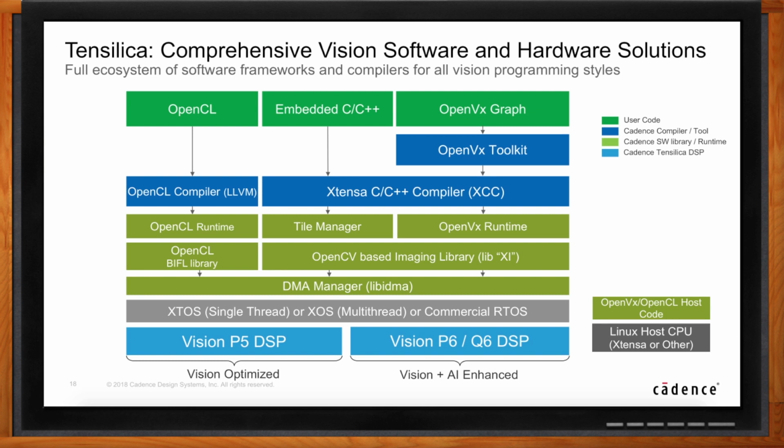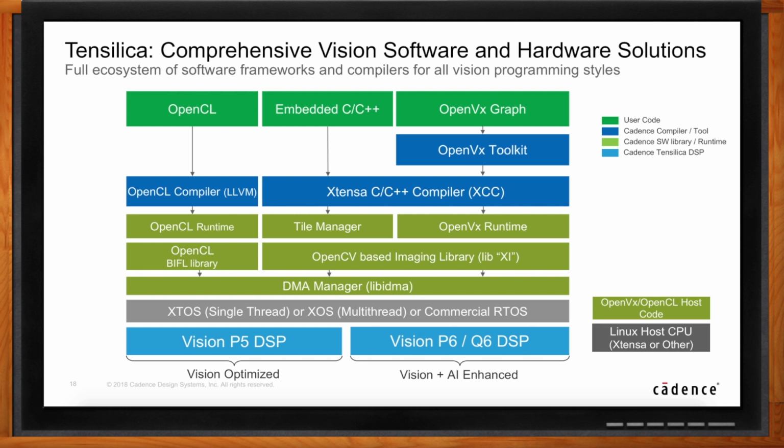Specifically, we provide an OpenCV-based imaging library. We have over 1,500 functions in what we call the Xtensa imaging library. Those are highly optimized for each DSP within Q6, P6, P5 so that the customer can get optimum performance and quickly develop their software.